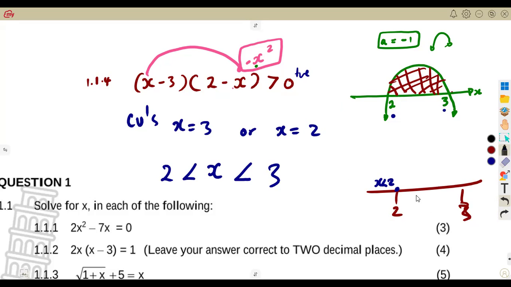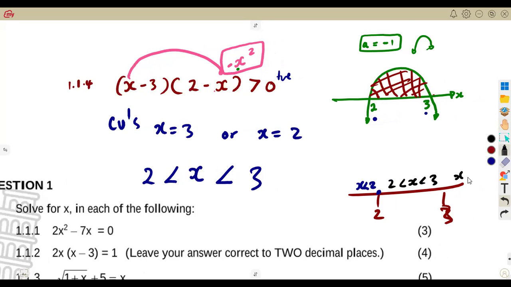Is it for the values in between 2 and 3? Is it for the values that are greater than 3? We test the values that are less than 2. This one was going to give us a negative, so we reject. This one was going to give a negative again, so we reject. Your answer was going to be between 2 and 3.